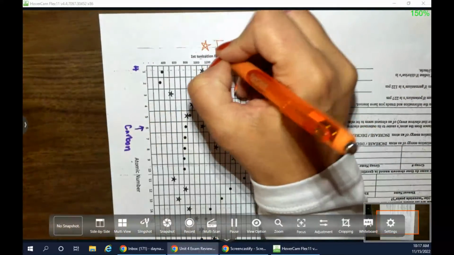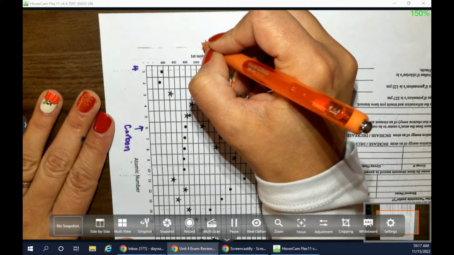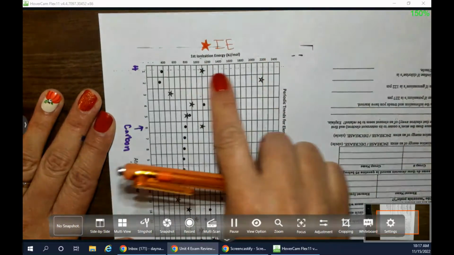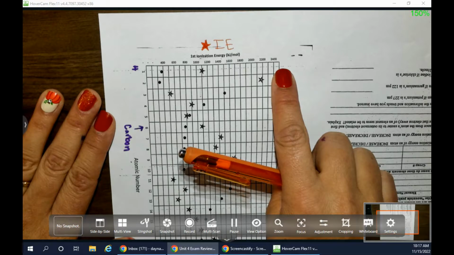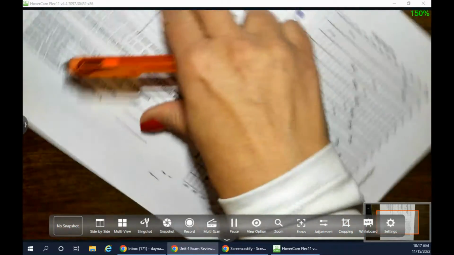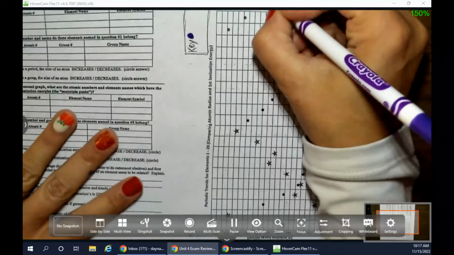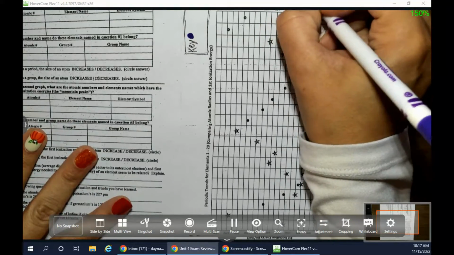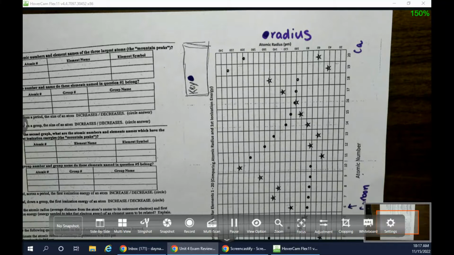So you might just label this side star and then IE, so that when you're going to read those answers, those are the numbers you're correlating it with, right? And then on the opposite side, you see atomic radius. So that, I would put a dot and then radius, just so you can pay attention to where you're going to be looking when you have to read the numbers off.